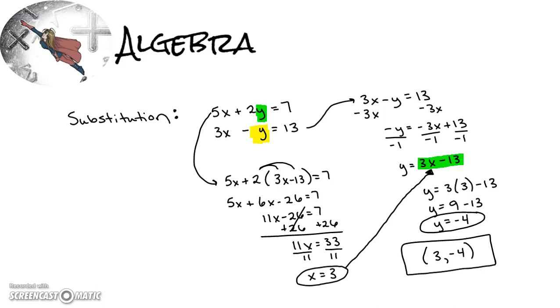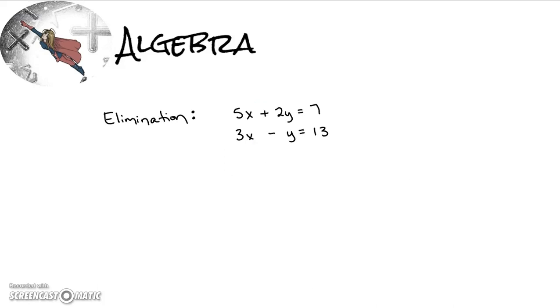Okay, and then same problem, but by using the elimination method. So with the elimination method, one thing you can always do is this: you want one variable to be opposites.